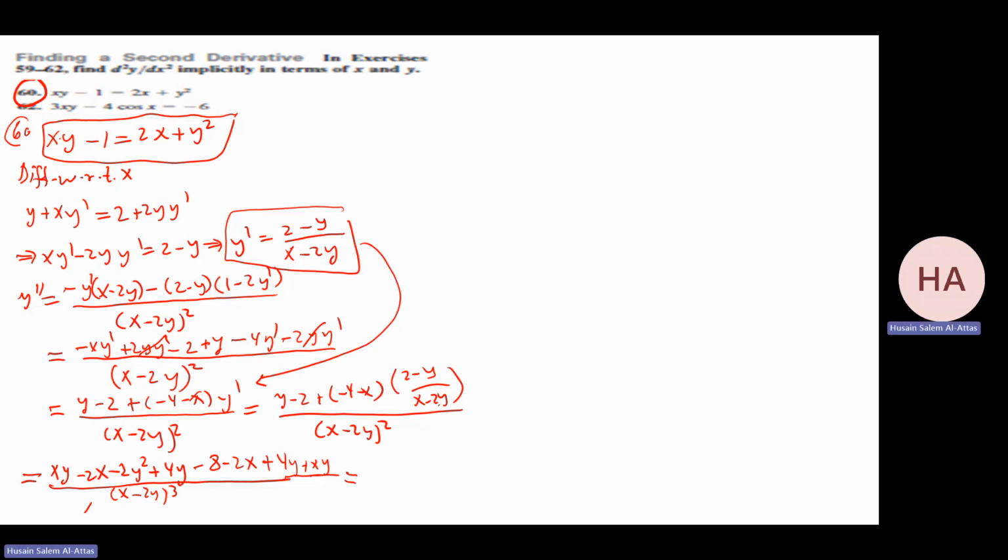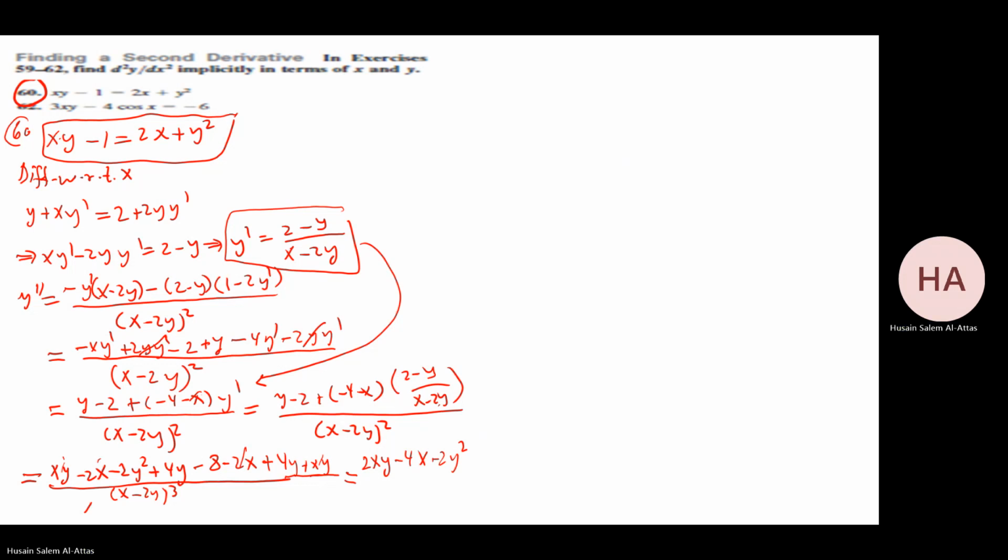I have 2xy minus 4x. Okay, that's good. So I did this, this, this, this. 2y squared, nothing, plus minus 2y squared.